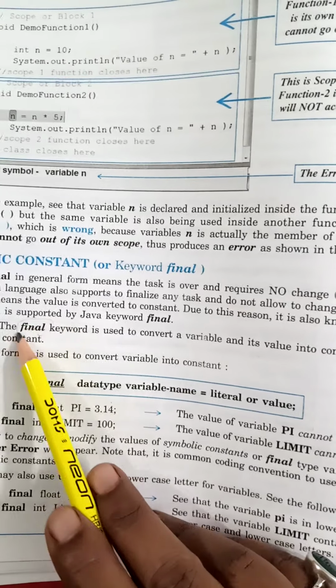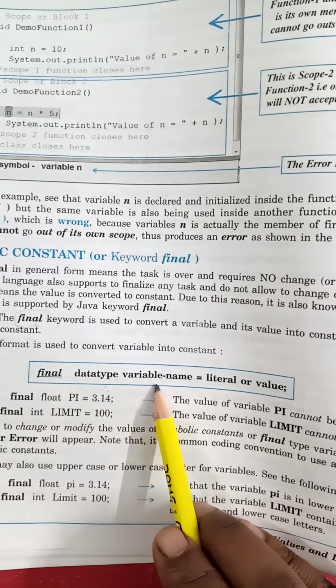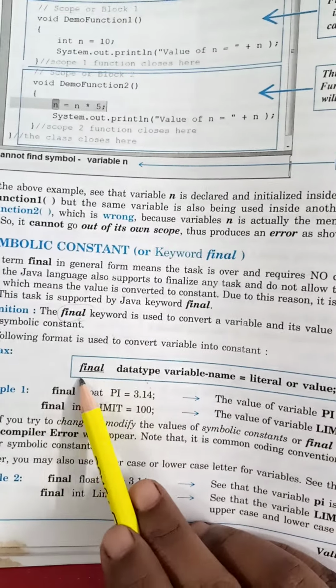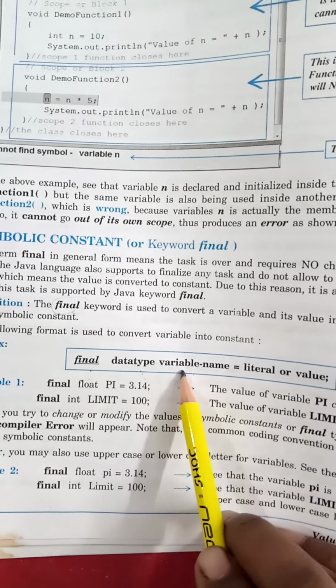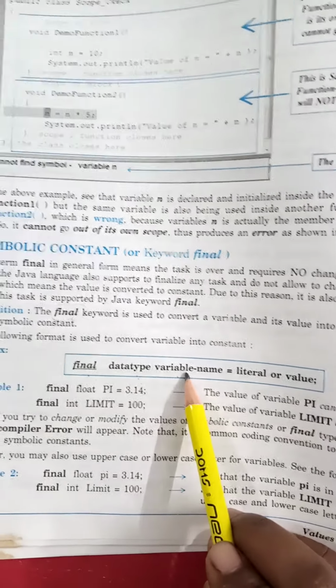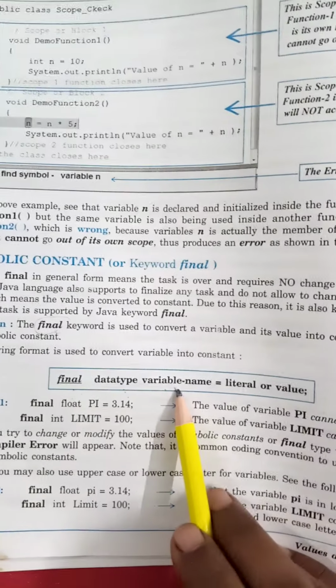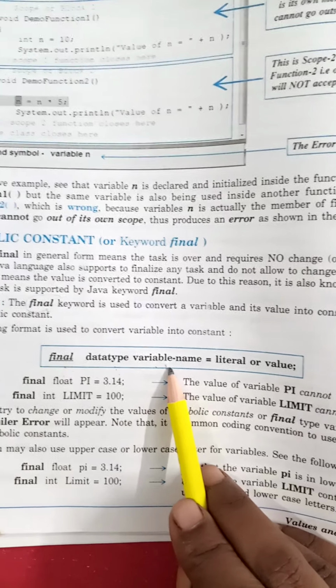Final is a keyword. How to declare a variable? Data type, variable name. But before the data type, if you write the keyword final, you are making that variable a constant. You are fixing that value. You can't change it; the value will not change during program execution.